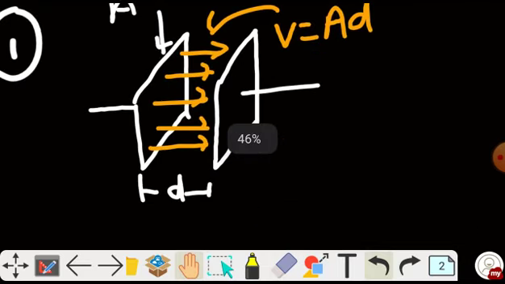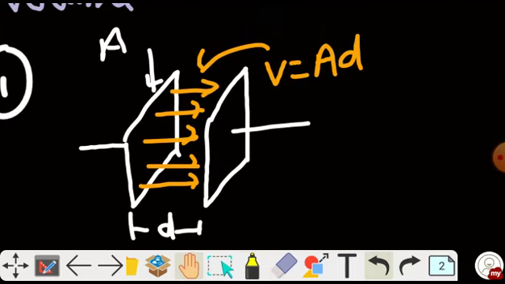What is the volume between the capacitor plates, or the volume of the capacitor? These are the plates, and this is the region in which the energy is stored, the region between the plates. So what is the volume of this region?